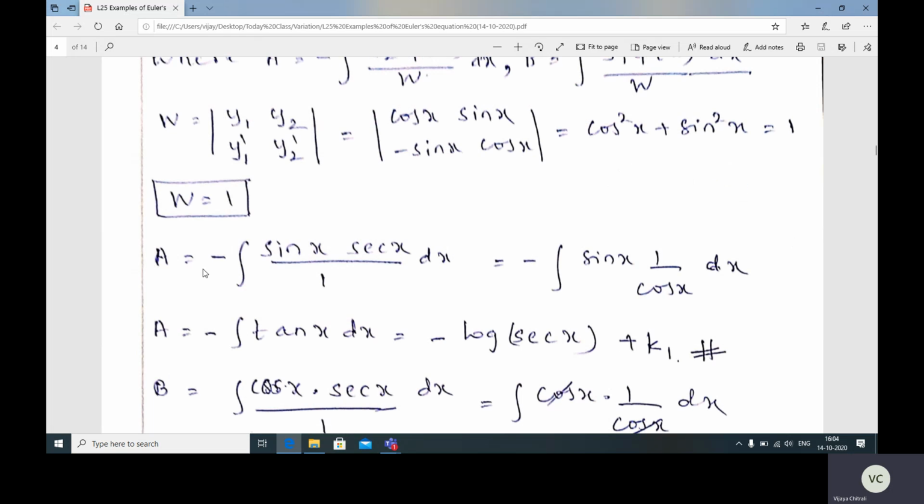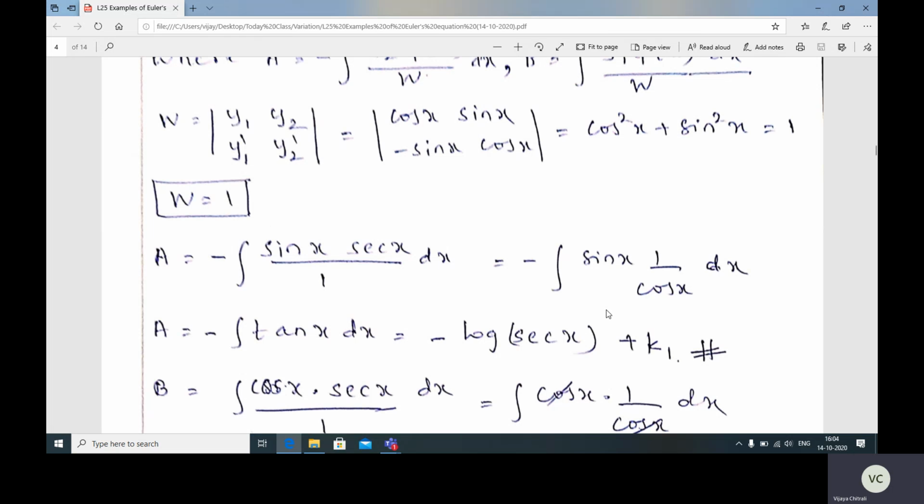Now you substitute. A is equal to minus the integration of sin x, this is y2, and phi of x is sec x divided by W, which is 1, and integrate this with respect to x. So minus the integration of sin x as it is, we'll write this sec as 1 by cos, 1 divided by cos x dx.